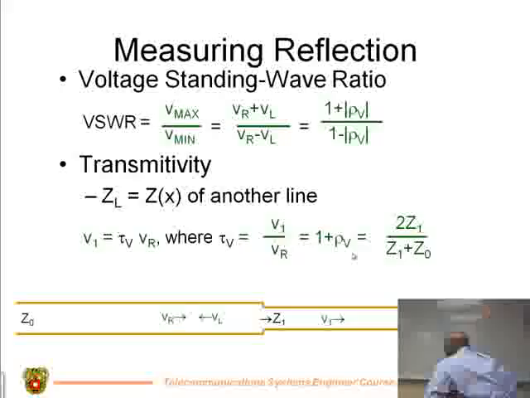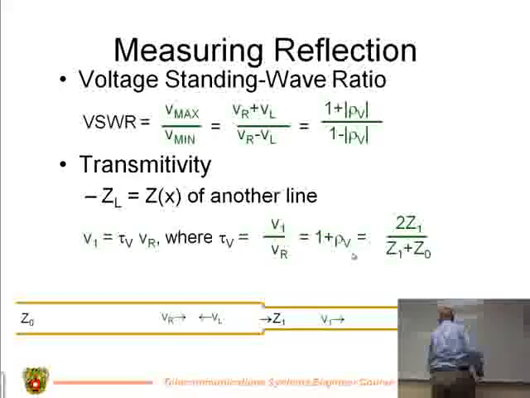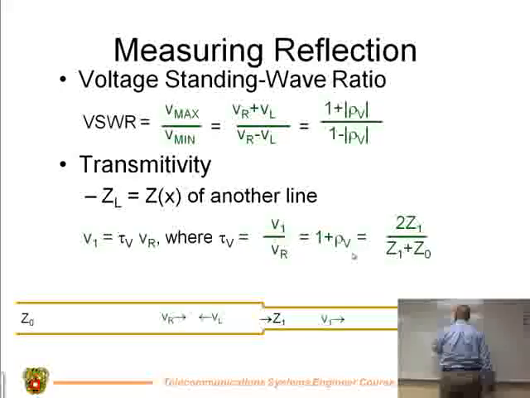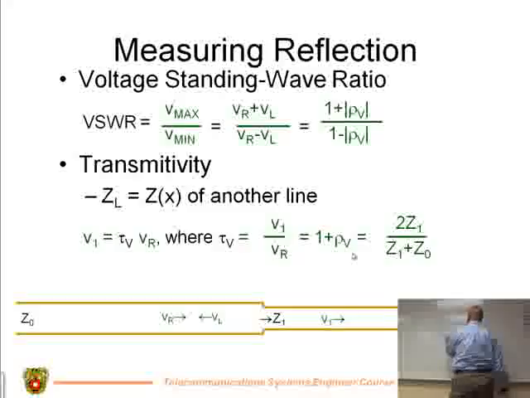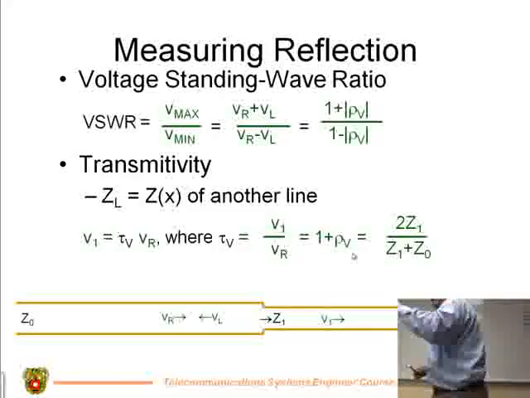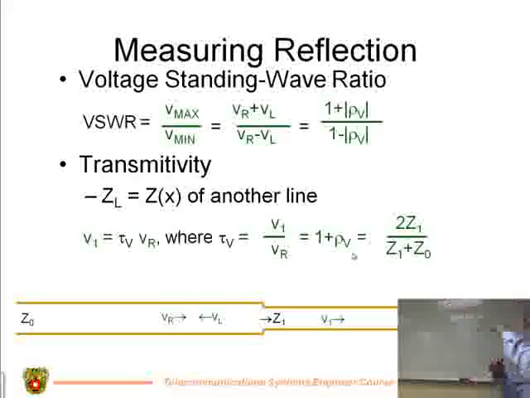So rho V is 600 over 375 minus 375 over 375, right? So we're going to have a reflected value going back, and that reflected value is going to get added to the rightmost wave.